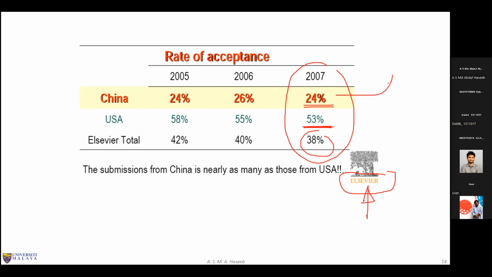Now, in our case, papers going from Bangladesh, probably it will be even lower. So we need to consider this right from the beginning. Unless we put a lot of effort into improving the quality of our paper, it may be difficult to publish in good journals.